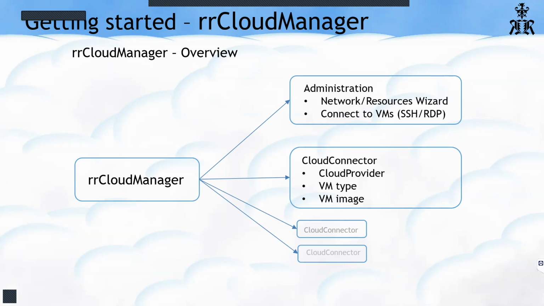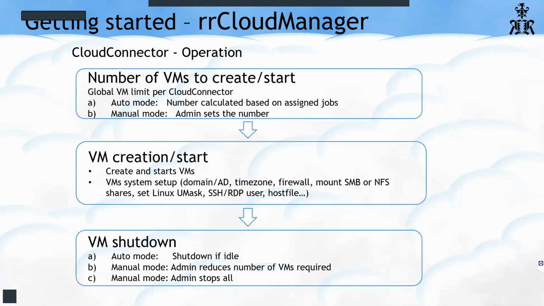You can have more sets with different configurations. And remember, all the parameters that are set in one cloud connector apply to all the cloud machines that are running in that cloud connector. Okay, and what is the modus operandi of the cloud connector then?